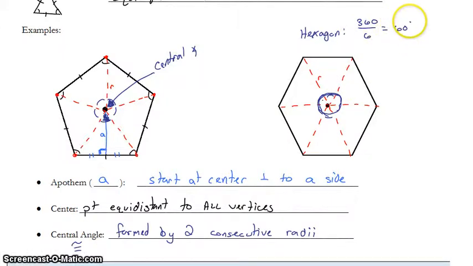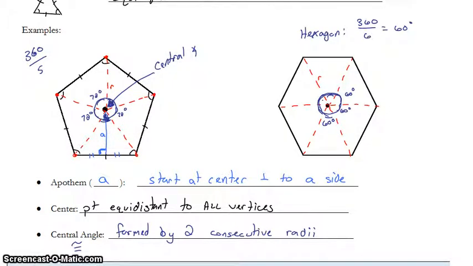That makes each central angle 60 degrees. With a pentagon, all the way around is 360, but there are 5 central angles. So using my calculator, 360 divided by 5, I know that each of these is a 72 degree angle. All 5 of those are 72 degree angles.